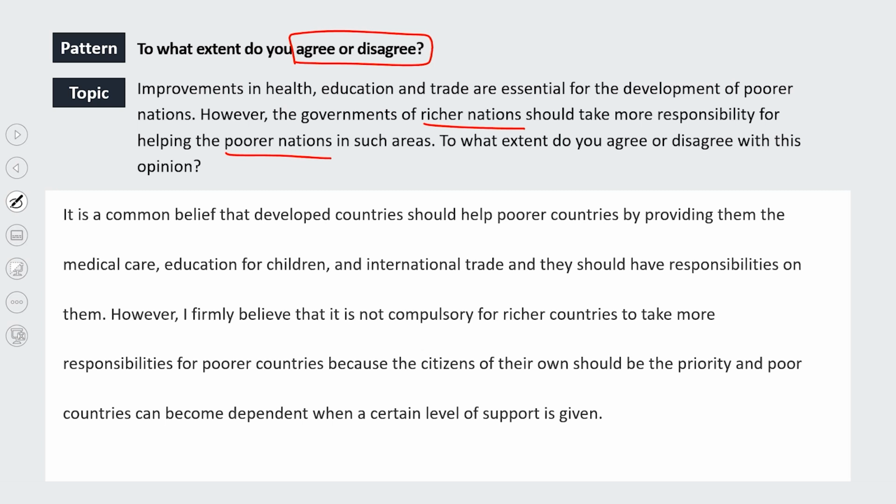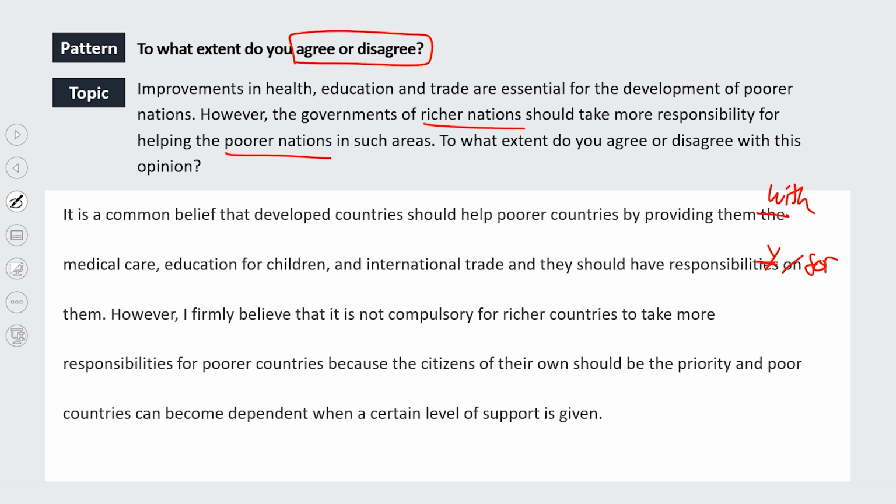The introduction goes: it's a common belief that developed countries should help poorer countries, by providing them with medical care, education for children, and international trade. And they should have responsibilities, and it should be "have responsibility for them."